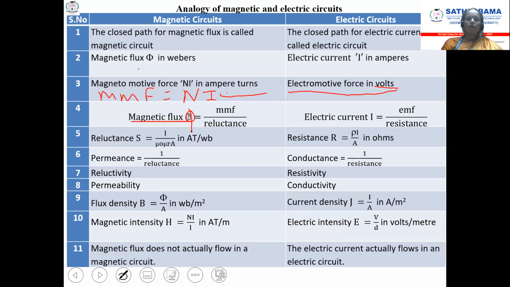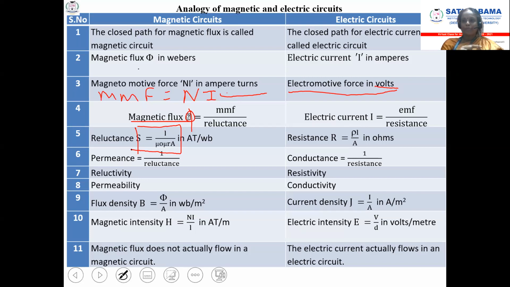The formula for reluctance is S equals L by mu naught mu R into A, or we say L by mu A, where mu is the permeability. Reluctance also depends upon the material: the magnetic material, length of the coil, relative permeability, and area of the coil.